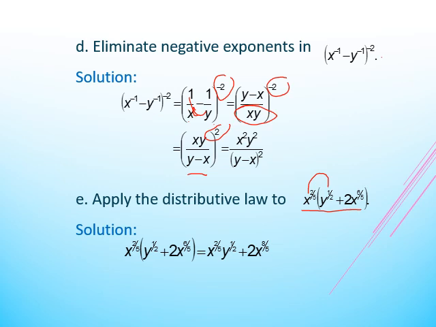But here, if you multiply x to the power 2 over 5 times x to the power 6 over 5, now we have the same base, x and x. So we should add the powers. The result will be x to the power 8 over 5, which is 2 over 5 plus 6 over 5 equal to 8 over 5.